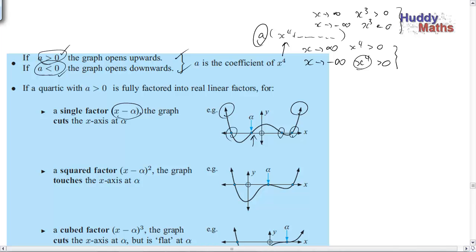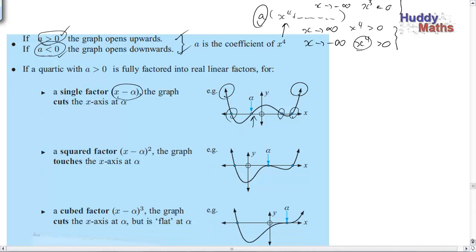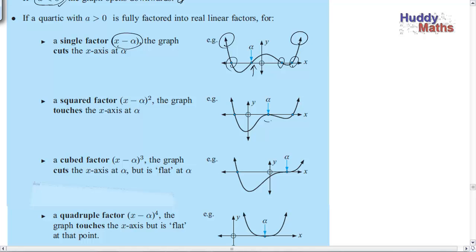Each single factor, the graph cuts the axis at alpha, and as we go on, let's have a look. A squared factor means you'll have that. A cubic factor means you're going to have this touching point, so it's cubed, so that's going to be our point of inflection. And then the quadruple factor just touches.